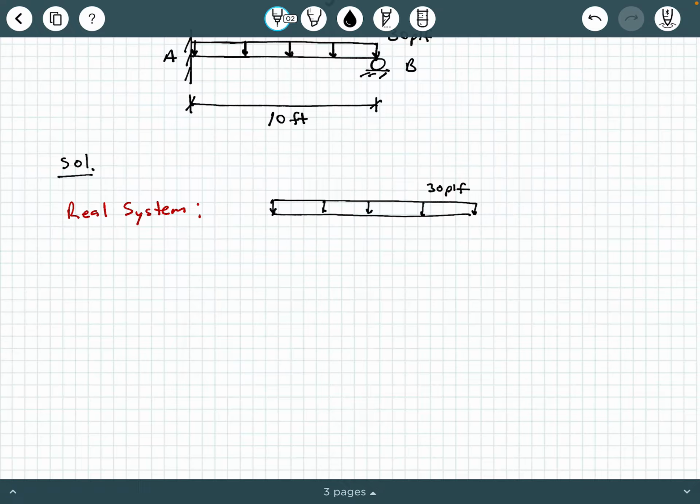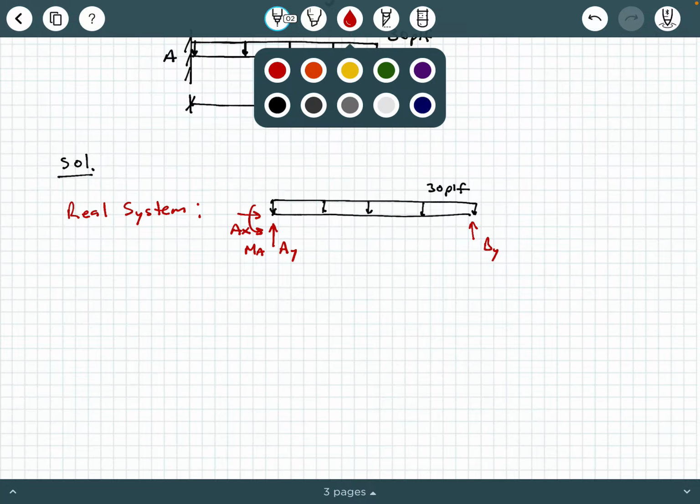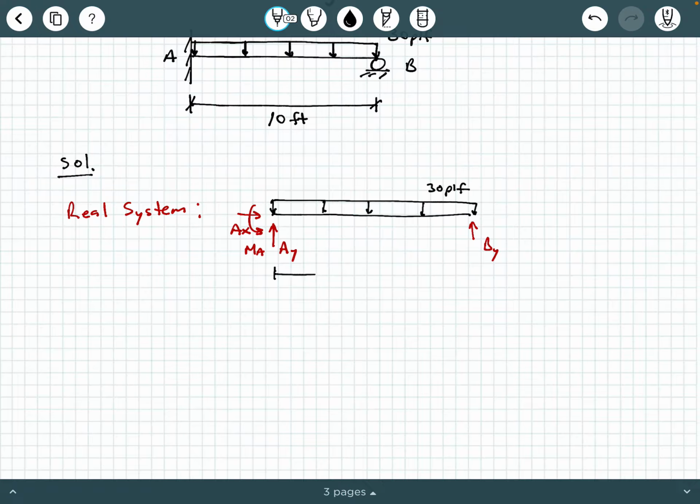At the left support, we develop an AY, an AX, and a reaction MA. And then at the roller at point B, we develop a BY. And we're going to draw the entire dimension line here as 10 feet.